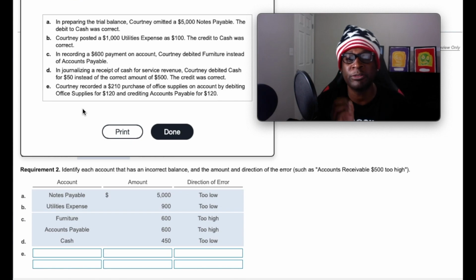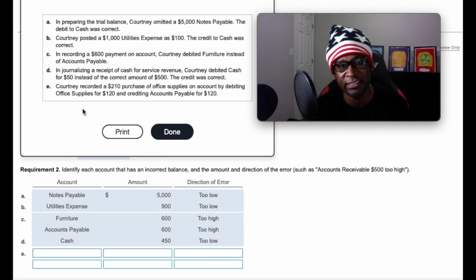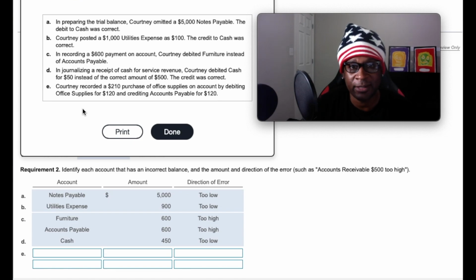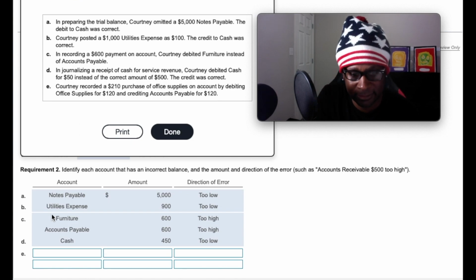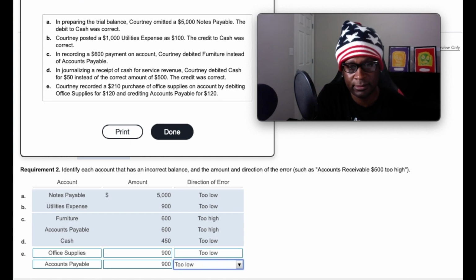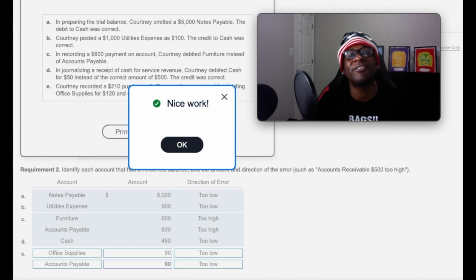And when she was supposed to increase accounts payable, she did the same, which was an additional $90 difference. So how does that affect the trial balance? Both her asset, office supplies, and her liability, accounts payable, are too low by $90. Check the answer. Great job, gang. Give yourself a round of applause because this problem was a doozy.